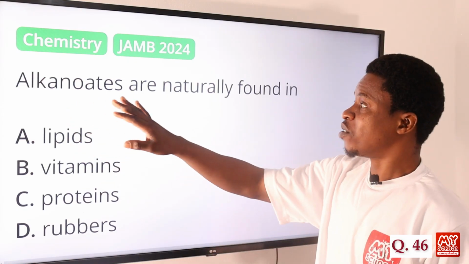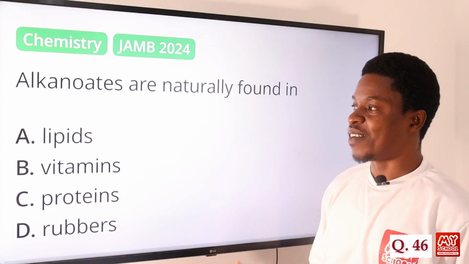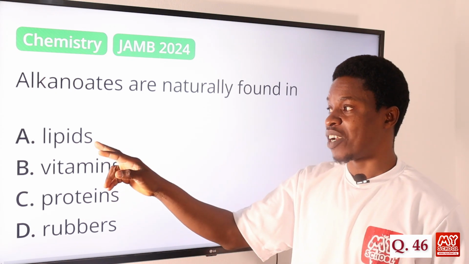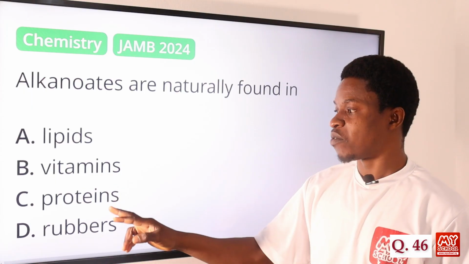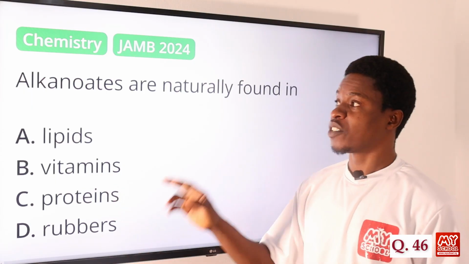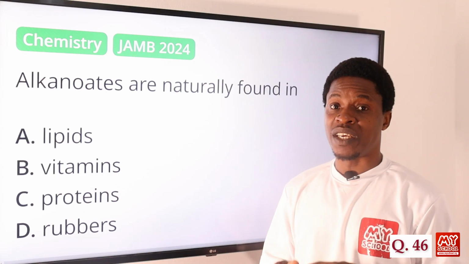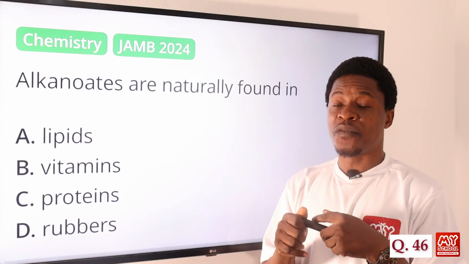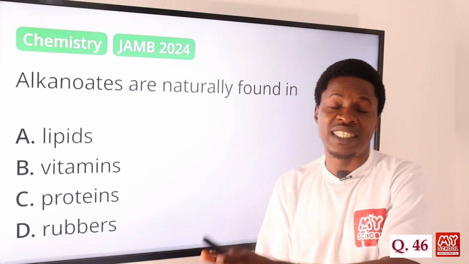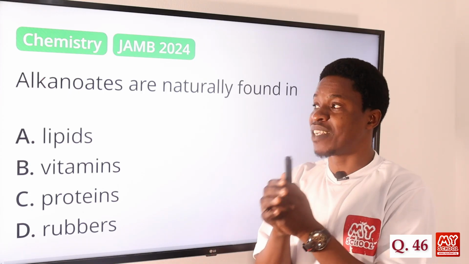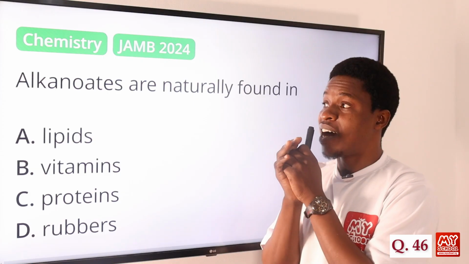So alkanoates usually are naturally found in what? Lipids. When we talk about lipids, they are your fats and oils, fatty acids. We have vitamins, proteins, rubbers. Esters are from fats and oils, and fats and oils are from animals and also from plants. That's how we get lipids.